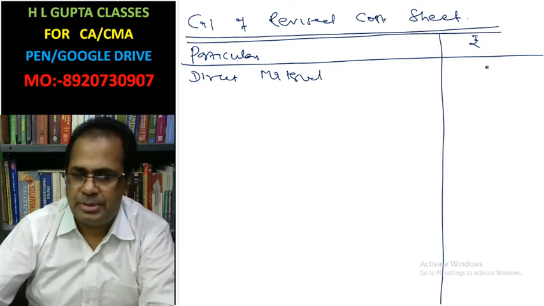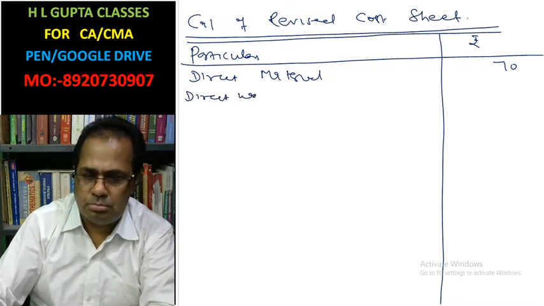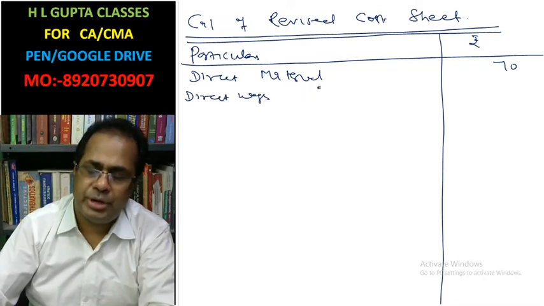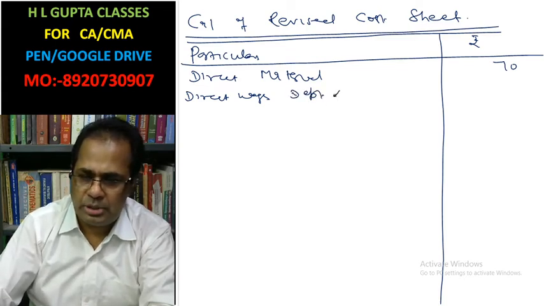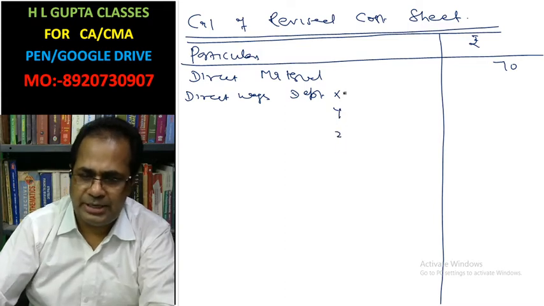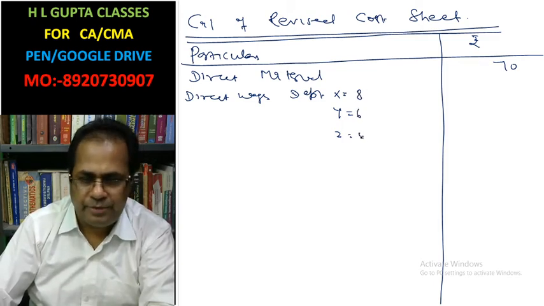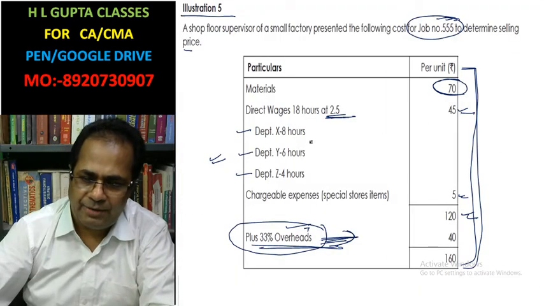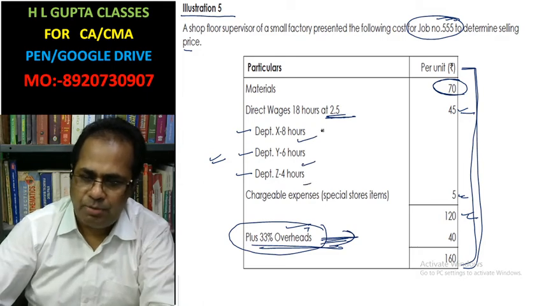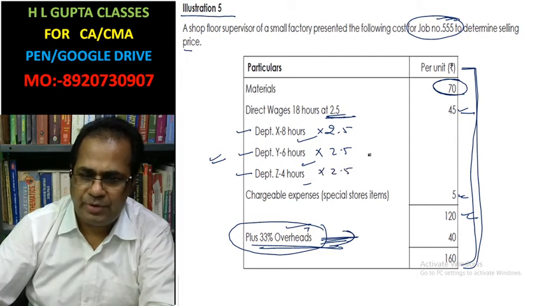Direct material is 70. Direct wages is 45, but how is it calculated? Departments X, Y, Z: 8, 6 and 4 hours are worked. You multiply each by 2.5.